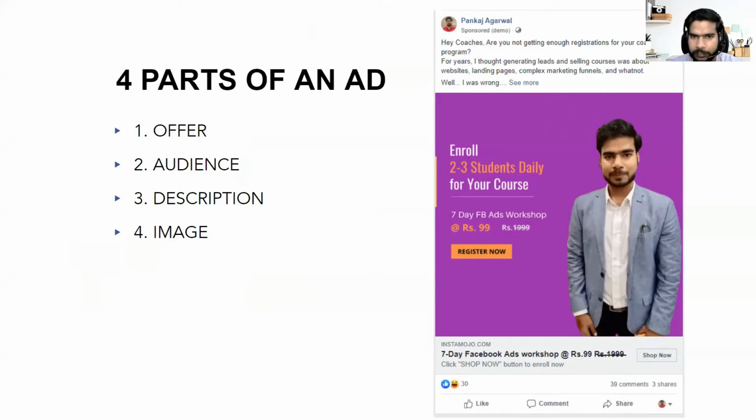So in my ad description I am telling them, are you not getting enough registrations for your coaching program? I'm telling whatever I want to discuss. This is my sales script. Basically, the ad description is my sales script. And below your ad image, there's something called the headline, where in one line you're telling again that this is my ad.